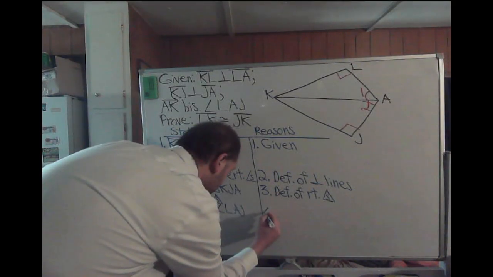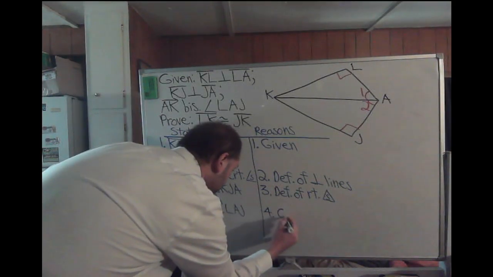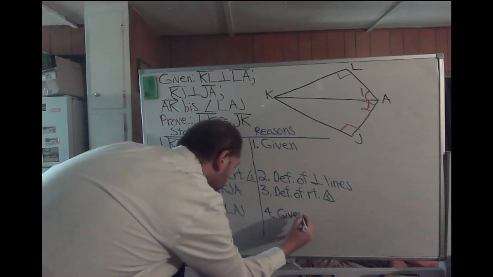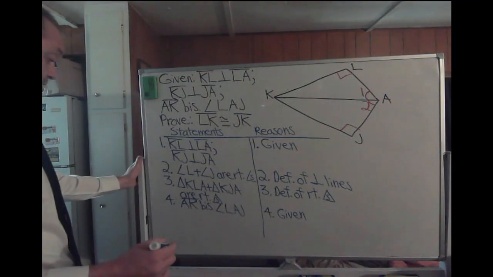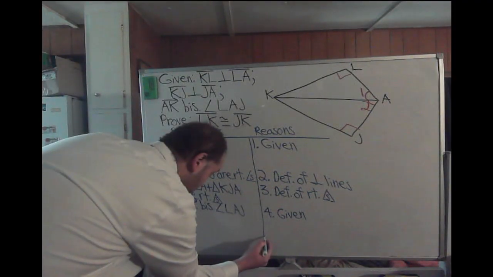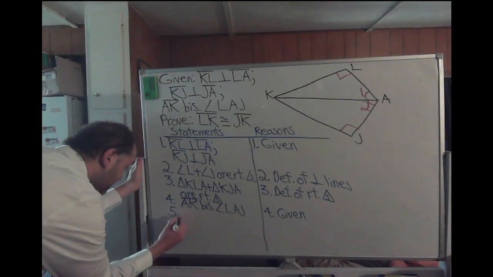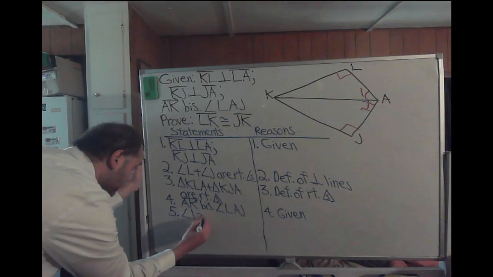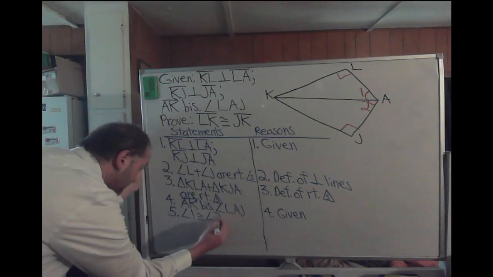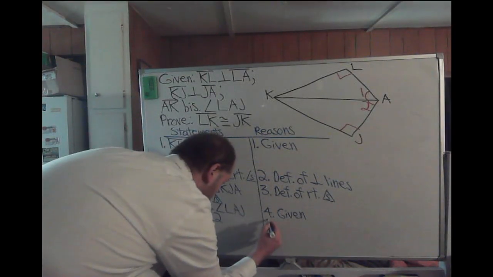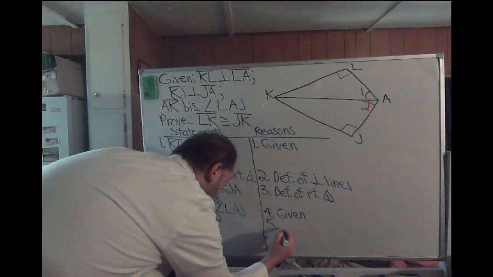That, of course, was given to us. Which from there we can conclude that angle 1 is congruent to angle 2 by the definition of angle bisector.